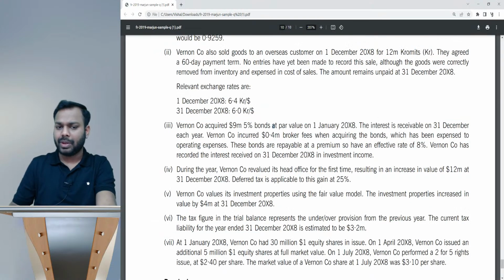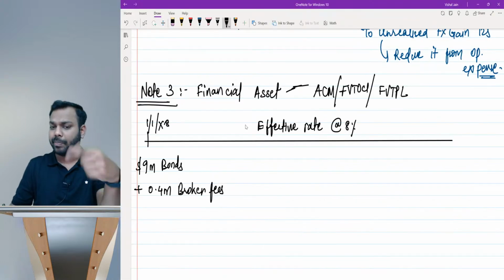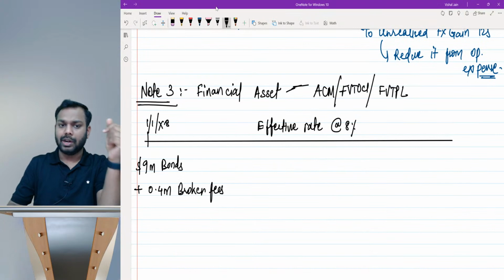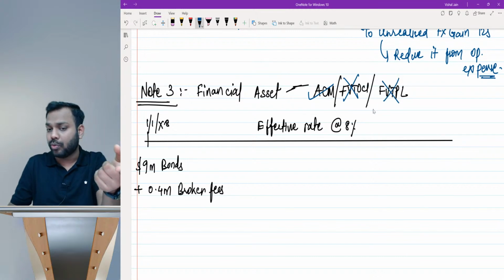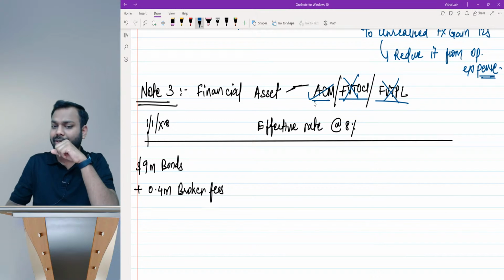Assuming this instrument will be held till maturity, this instrument of 5% bonds, it means principal and interest, right? If there is principal and interest, don't you think it will give rise to the amortized cost method and not FVTOCI and not FVTPL? Also, there is one more hint. There is no fair value given. So this gives us a hint that we have to follow the amortized cost method, right?